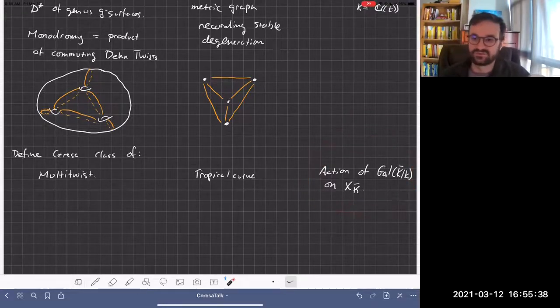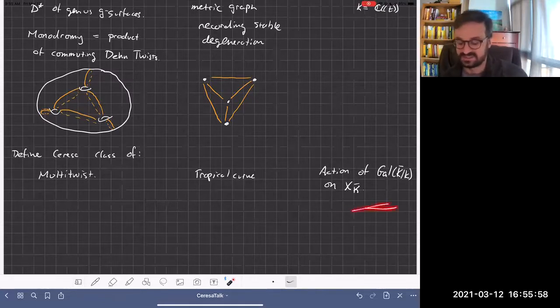And this is philosophically just the data of monodromy, so this should extend into these two settings. I'll describe how we do this, but it turns out to be more than just an analogy: how we define the Ceresa class in these two settings is precisely related to the Ceresa class in this setting.